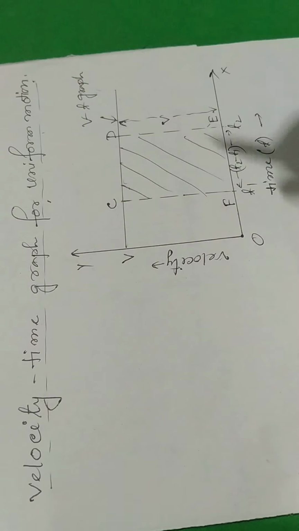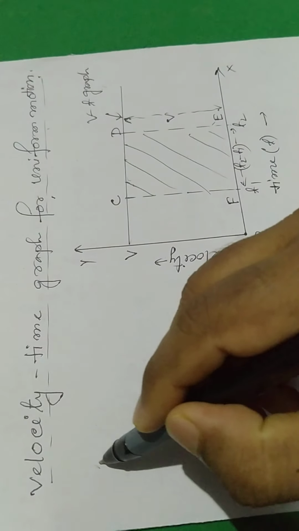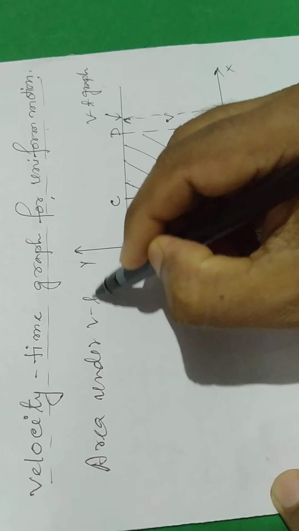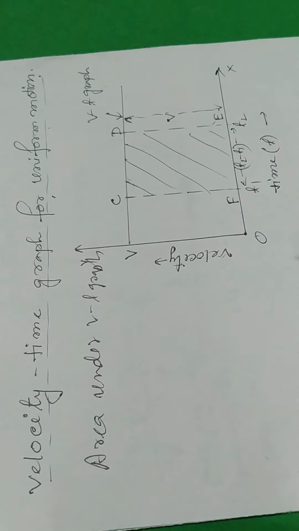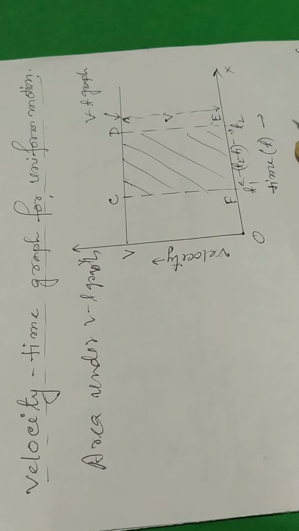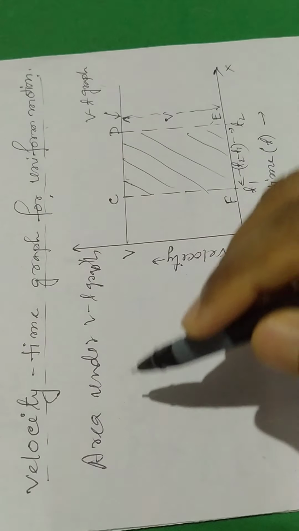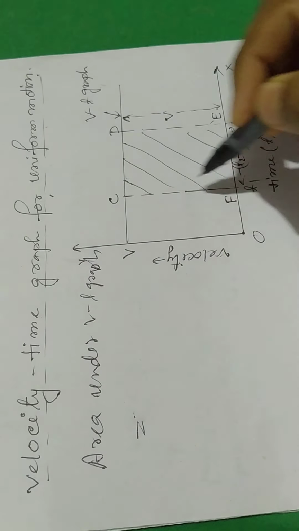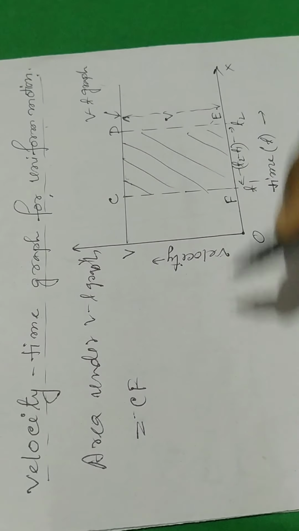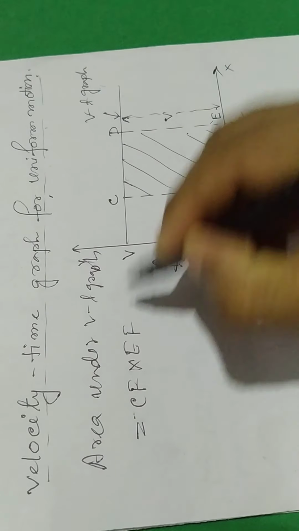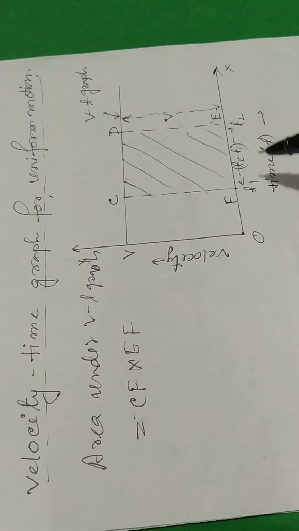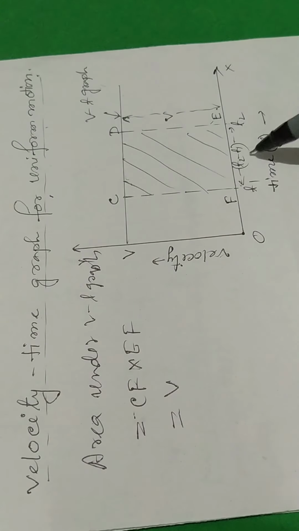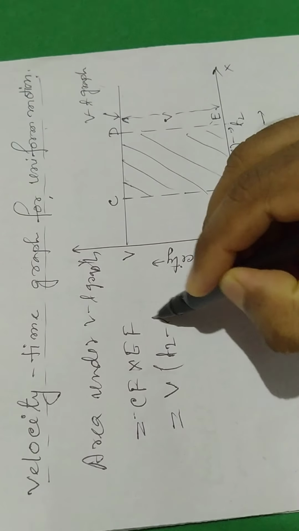The area under the v-t graph is CF into EF, where CF is v and EF is t2 minus t1. Call this equation 1.